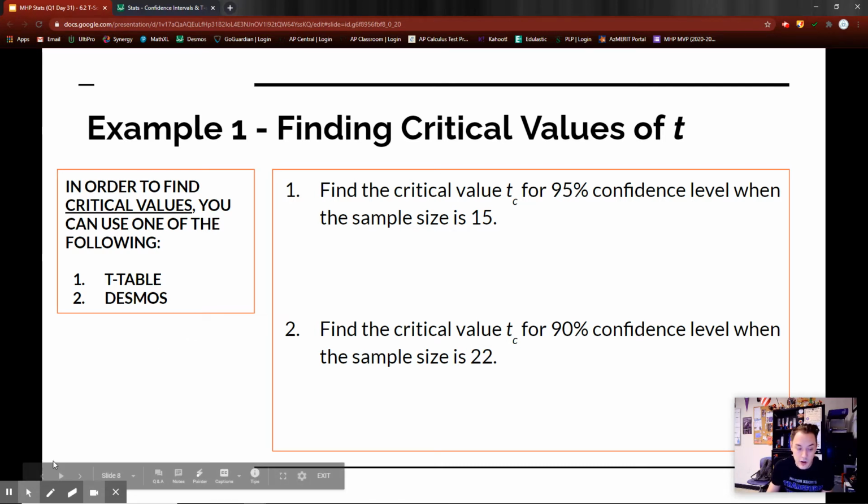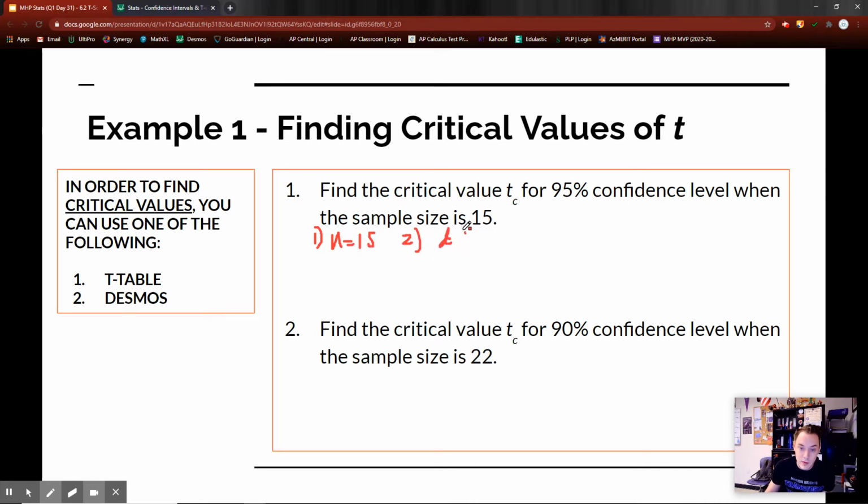First, I know my sample size is 15, so my second step is to use my formula df equals n minus 1. My degrees of freedom is 15 minus 1, which equals 14. I'm going to use this number.